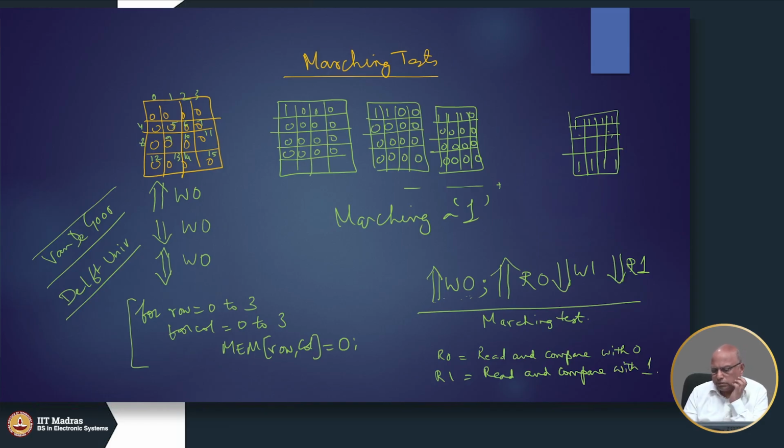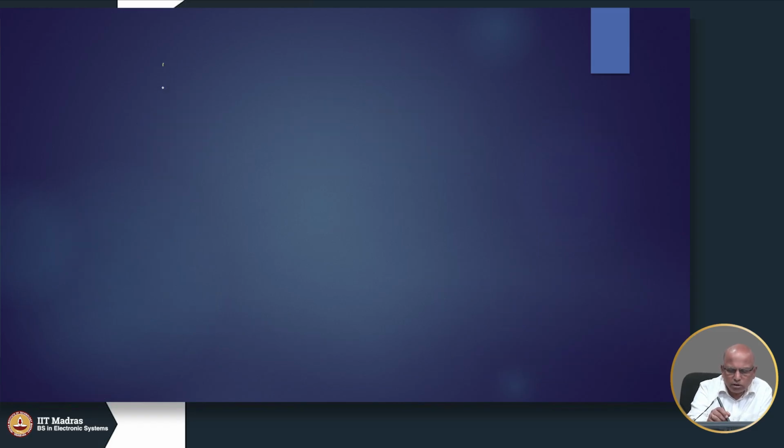So we remember. Okay. So what really will happen is something like this. For I equal to 0 to n minus 1, cell I equal to 0.